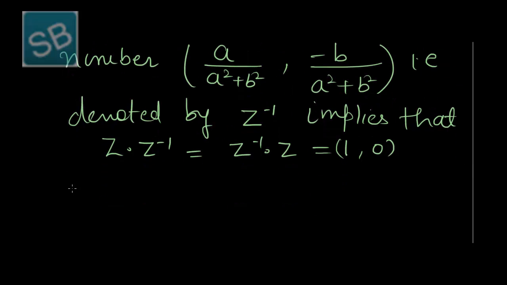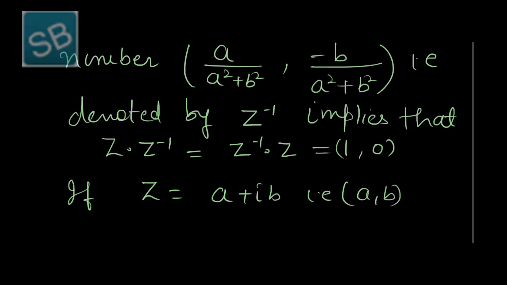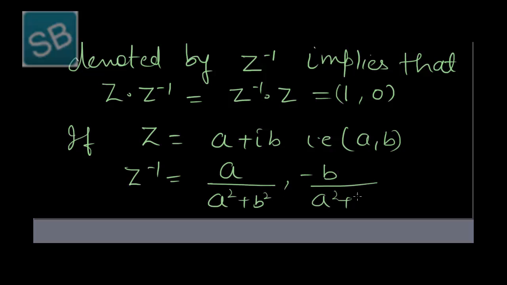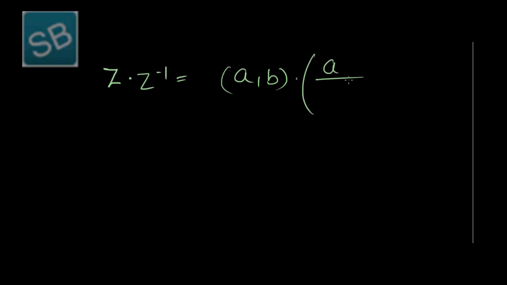So, if Z is equal to a plus iota b, that is the ordered pair (a, b), and Z inverse is (a over a square plus b square, comma minus b over a square plus b square), then Z into Z inverse is equal to the ordered pair (a, b) into (a over a square plus b square, comma minus b over a square plus b square).